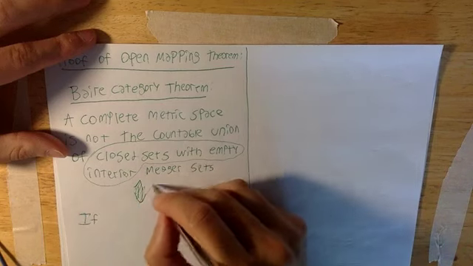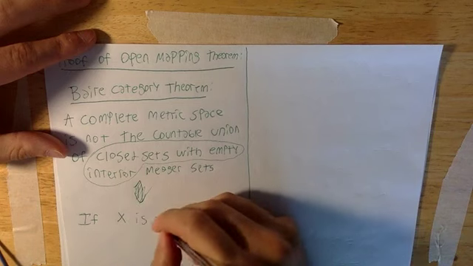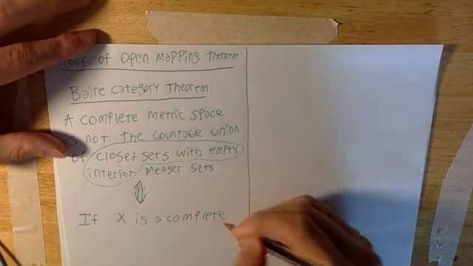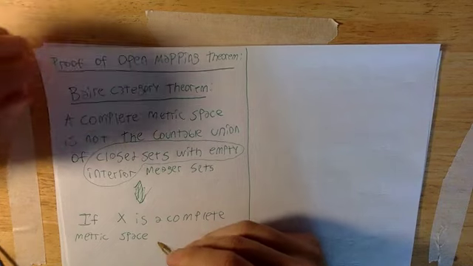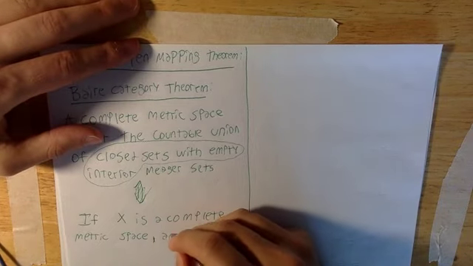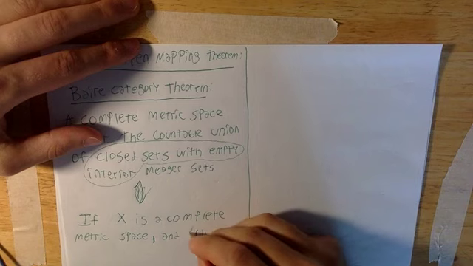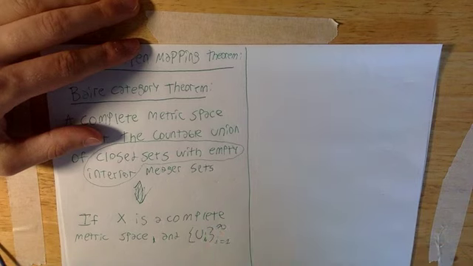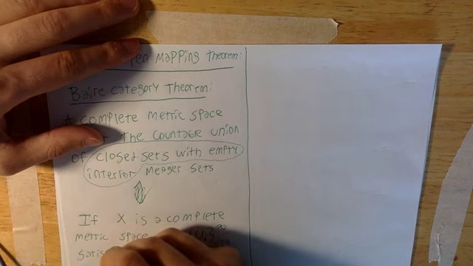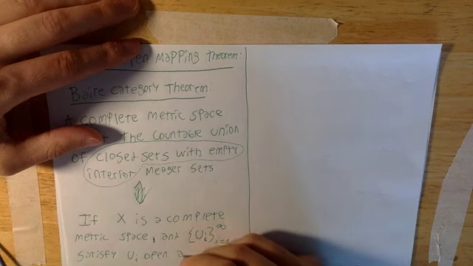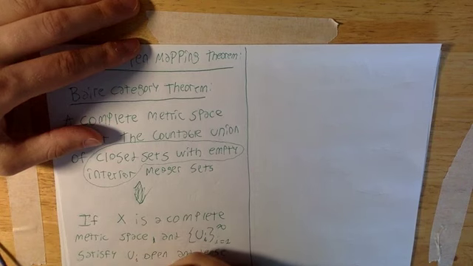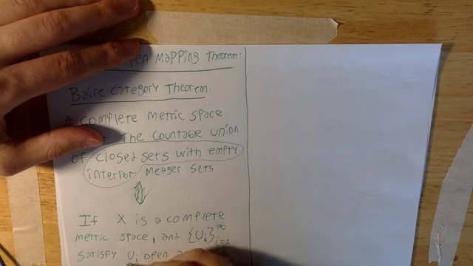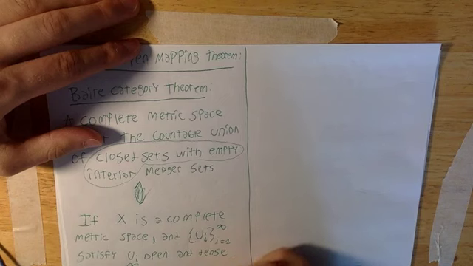Well, it's not quite if and only if, but anyways, if X is a complete metric space and U_i for i equals 1 up to infinity satisfy U_i open and dense, then the intersection from i equals 1 up to infinity of U_i is dense.